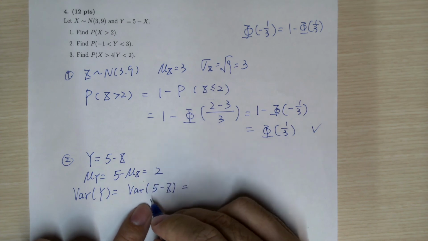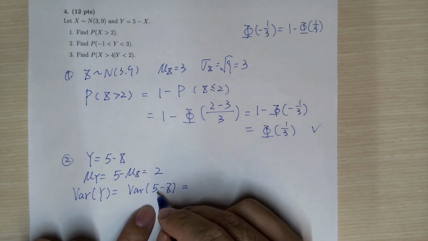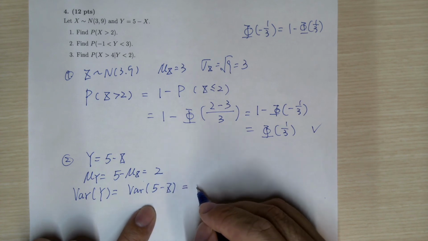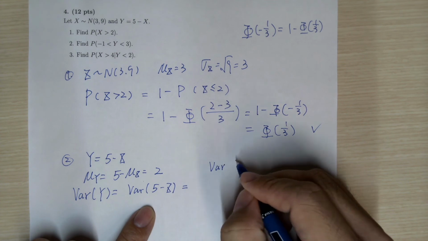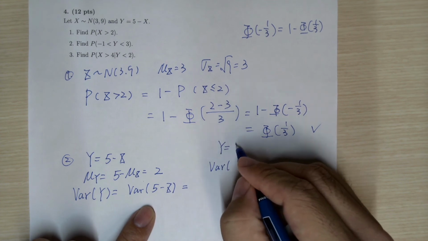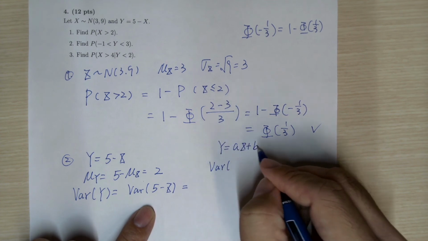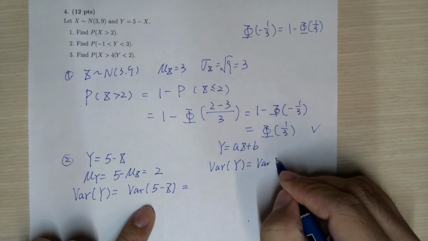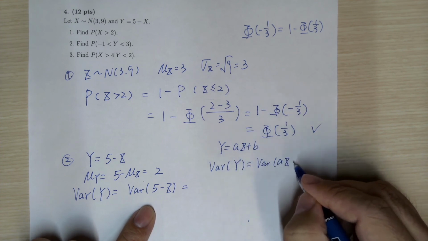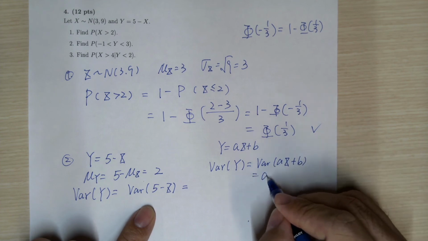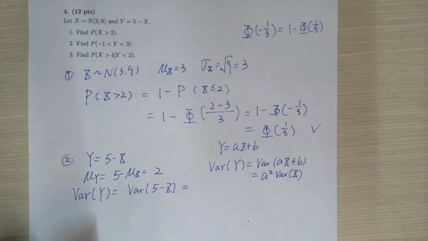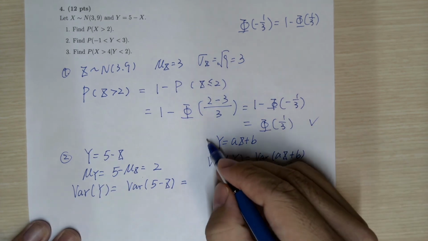So the variance of aX plus b is going to equal a squared times the variance of X. This is what I mean: if Y equals aX plus b, then the variance of Y is the variance of aX plus b, which equals a squared variance of X. Okay, so it's not a linear thing.